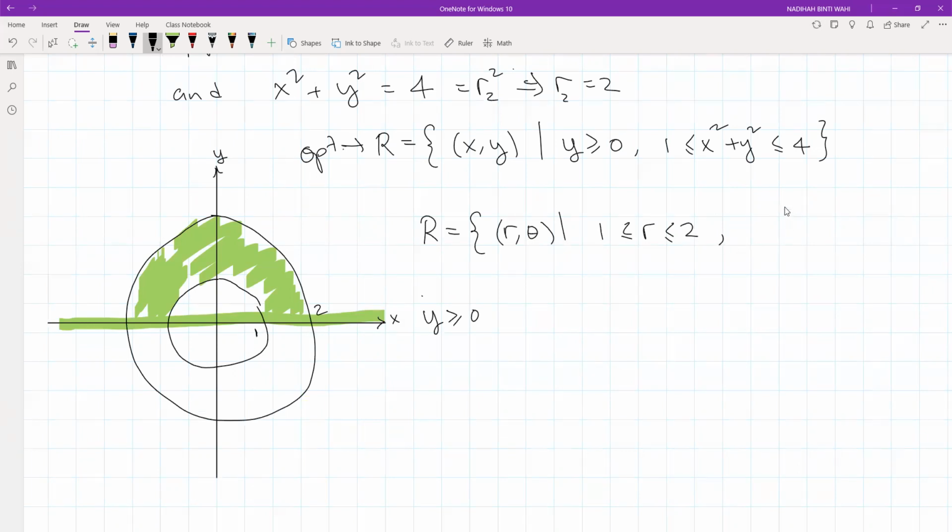And then the theta between what? So theta is from this angle and then sweep in this angle. So daripada kosong sampai pi. So this is from 0 to pi.